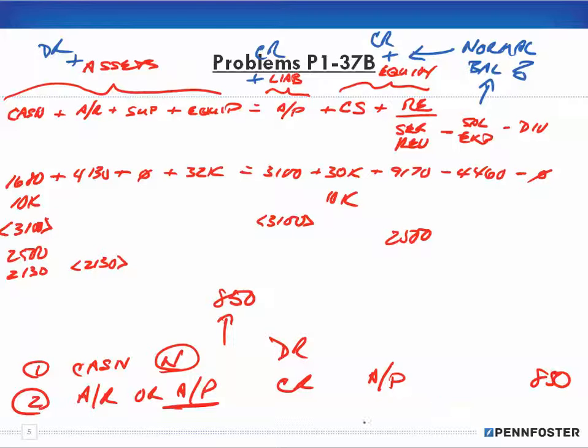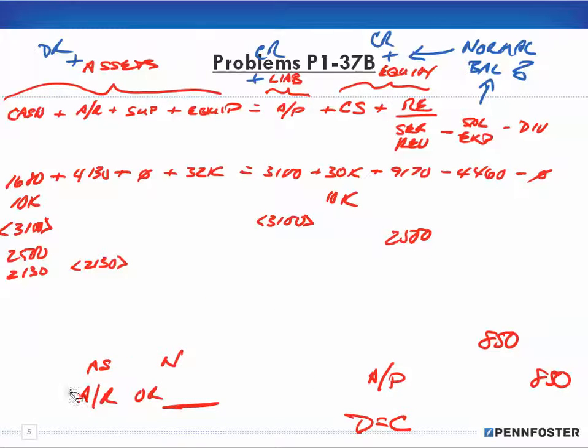That means I have to debit something else because debits must equal credits. So what am I going to debit? Again, I'm just backing into this information. I'm going to back into that account. Well, what am I buying? I'm buying supplies.